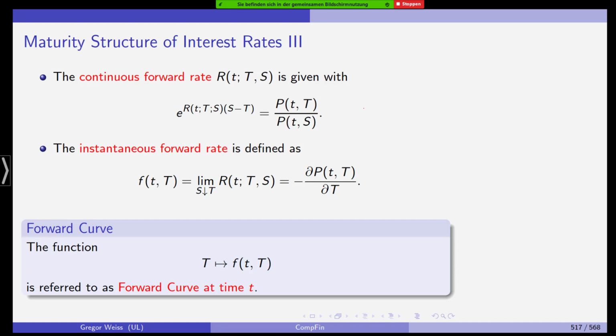This is simply taking the limit of the continuous forward rate with the time difference between t and s being very small. And if we now take this instantaneous forward rate, so the forward rate that starts at one point in time t for lending and borrowing for an infinitesimally small amount of time, we get the so-called forward rate, the forward curve.